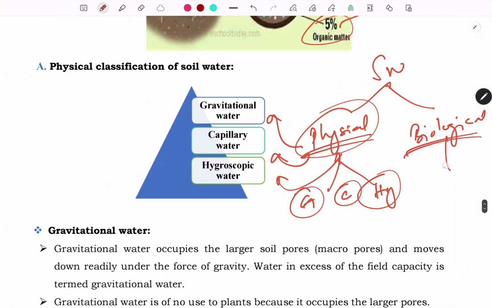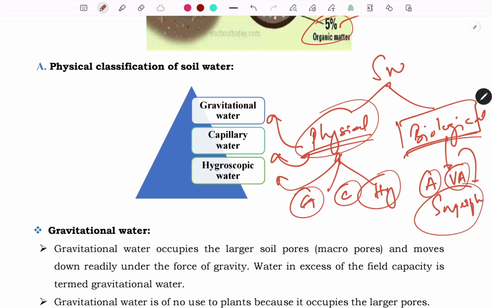In biological classification, we are considering the plant, that is, how this water is helping the plant. That's why it is called biological classification. Here again it is divided into three types: available water, unavailable water, and superfluous water. We will discuss these six terms here.